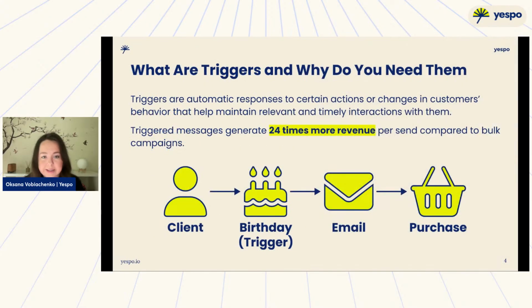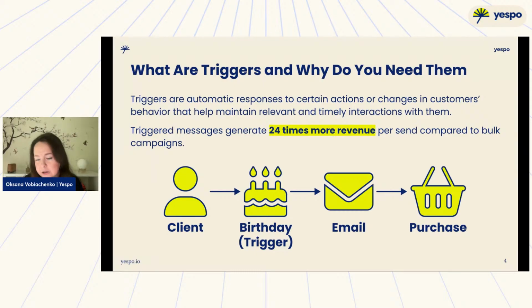Let's start with the basics. What are triggers? Triggers fire when the system automatically reacts to a customer's action or behavior state, like abandoned cart, completed purchase, or upcoming birthday.